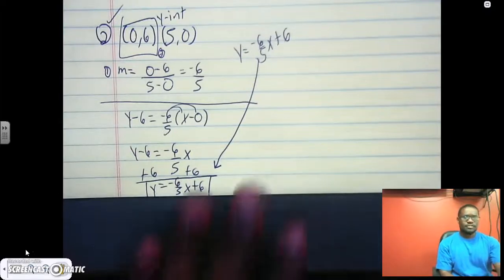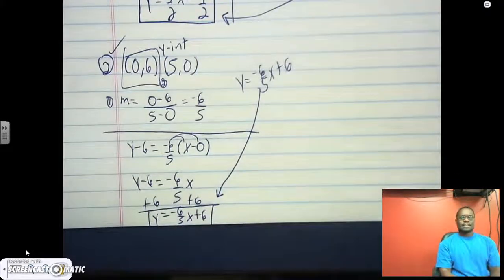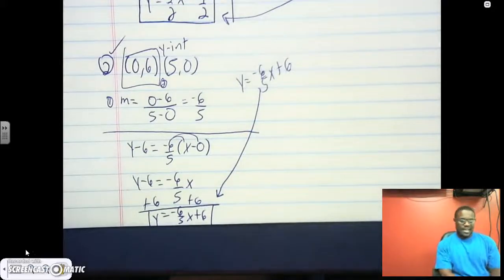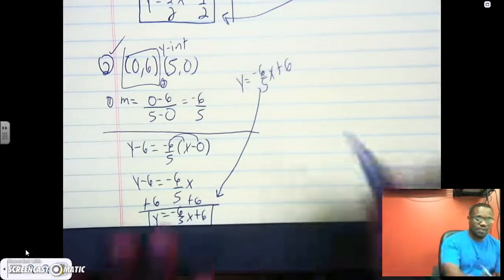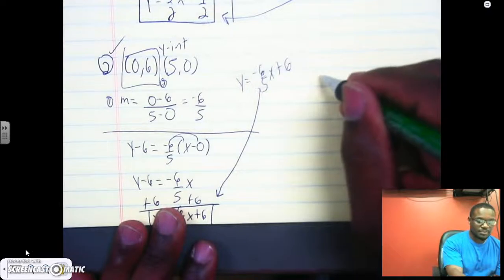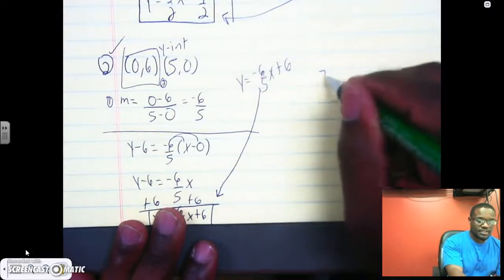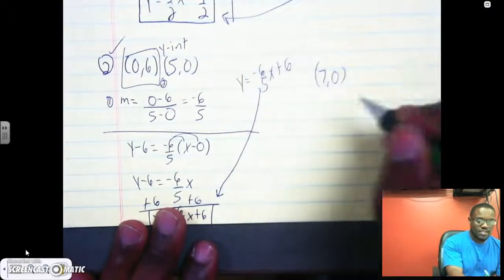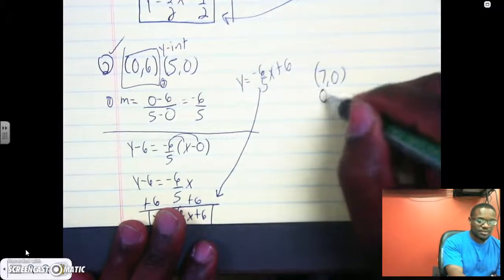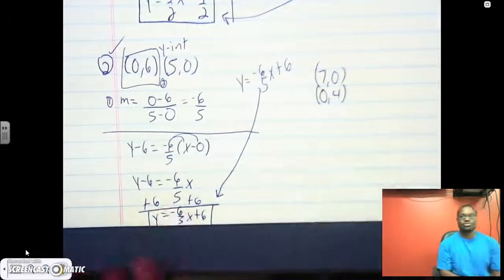Now they do stuff. They'll give you hints like the x-intercept is 7 and the y-intercept is 4. If they tell you what the x-intercept and the y-intercept are, for example, the x-intercept is 7, that means it's 7, 0. The y-intercept is 4, that means it's 0, 4. They're basically telling you 2 points.